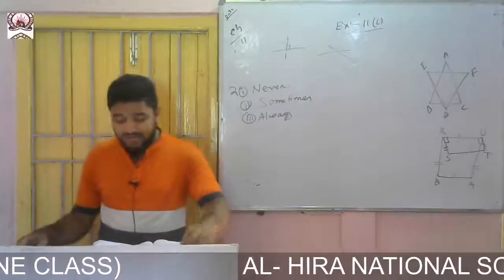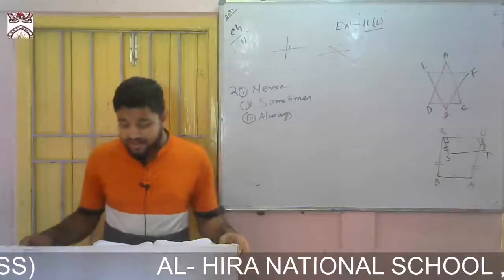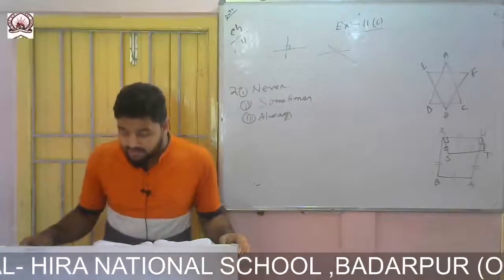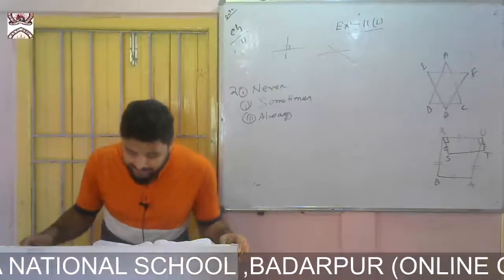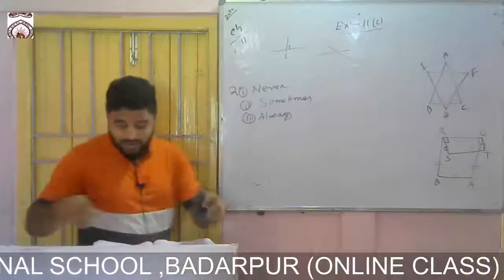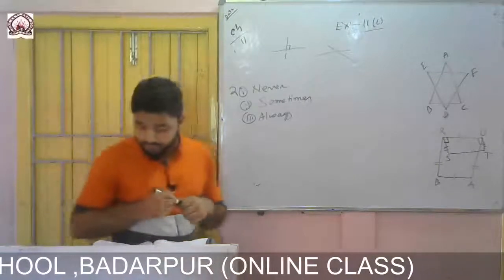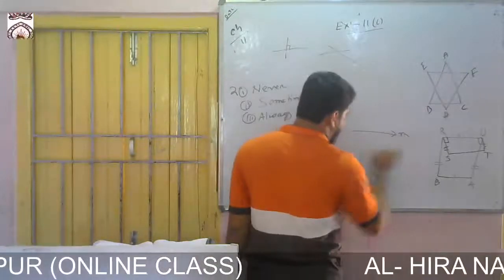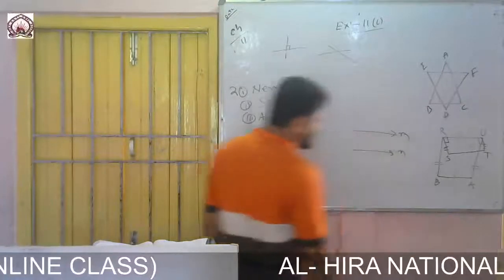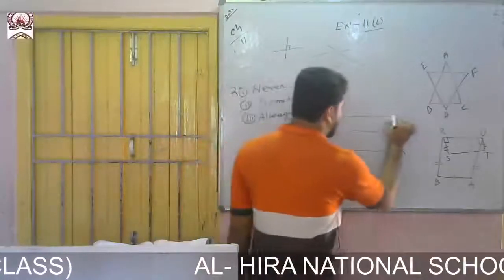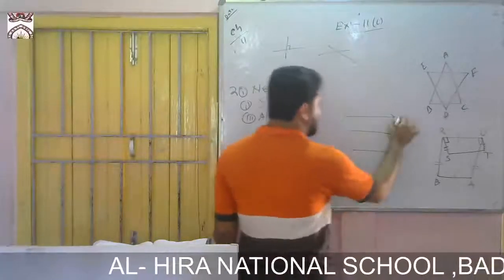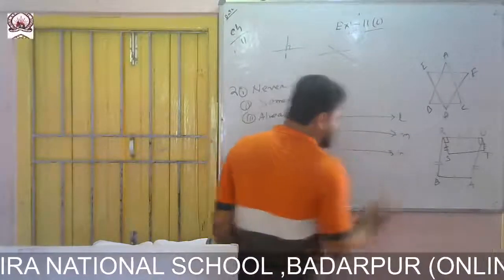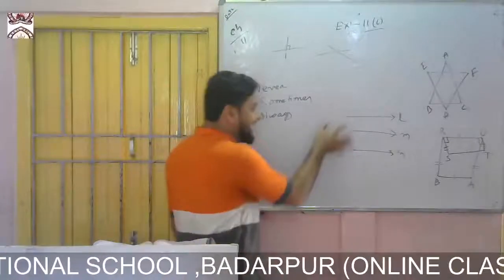If a line L is parallel to line M and line M is parallel to line N, what can you say about line L and N? Line L is parallel to line M, and line M is parallel to line N. So what can we say?